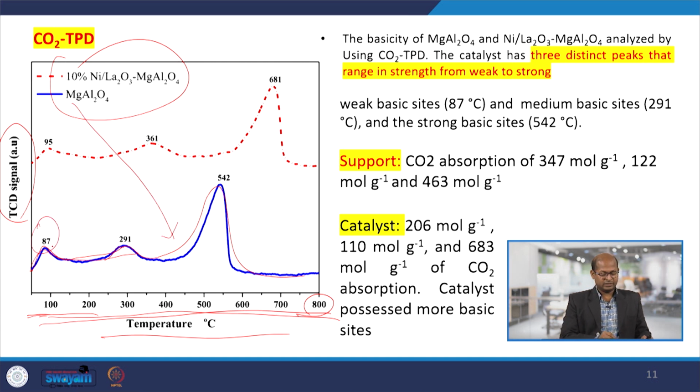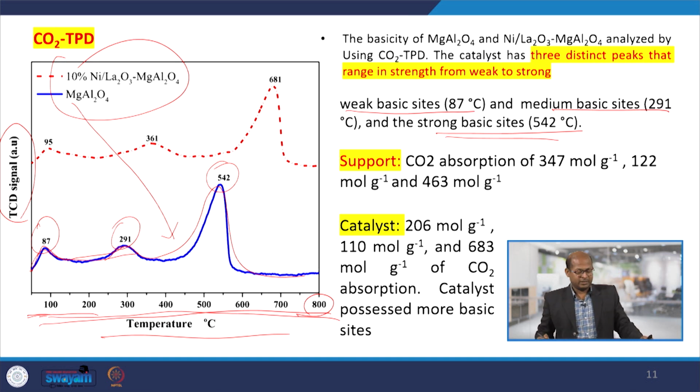So, at these temperatures, 87, 91 and 542, it indicates that three different types of basic sites are available: weak basic sites, medium basic sites and strong basic sites for this particular material.